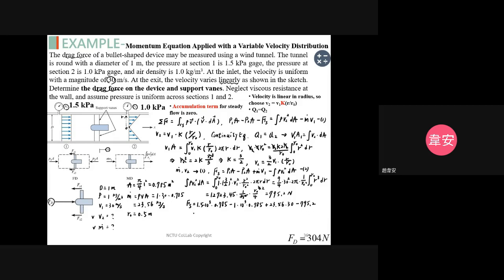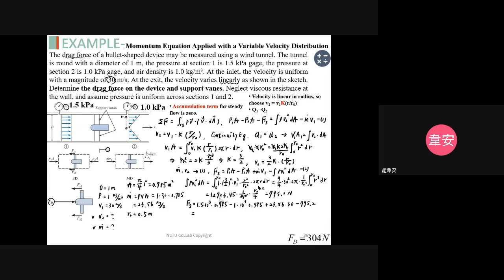795.2 newtons. Okay, so for the pressures, it is 1.5 minus 1 multiplied by 1000. This is the pressure difference, and then multiply by the area 0.785.